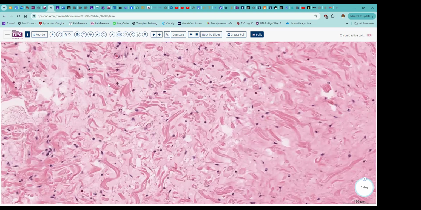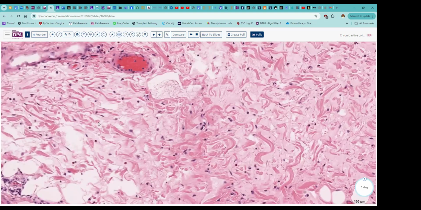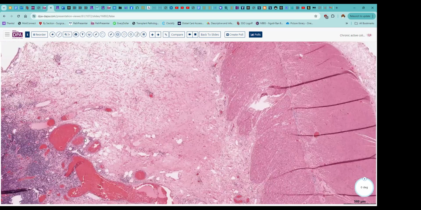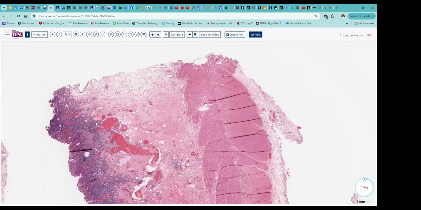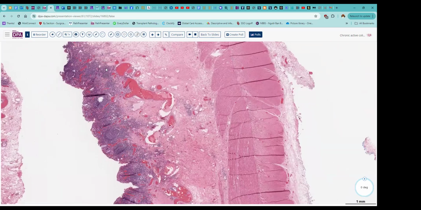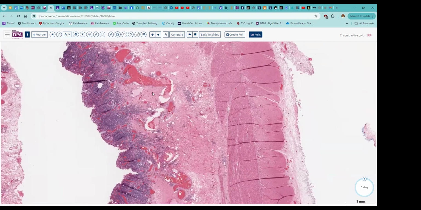And again, I think most of this is probably collagenous tissue rather than muscularis. We'll see some other examples where it's actually a very dense band, but usually that's in a more healed state where there's been some healing over time and the muscularis has responded in that way.